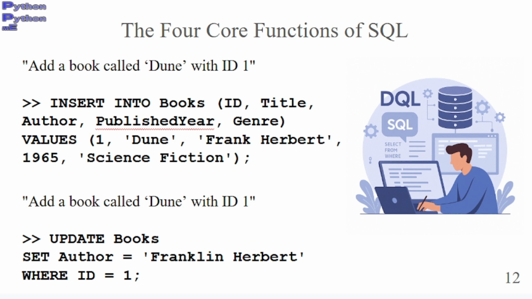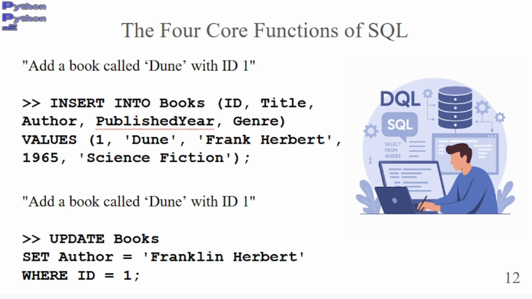Once we have identified the requirements, we will write something like insert into books. Whenever you specify the attributes, always remember that the order of the attributes has to be consistent with the schematic structure of the table, beginning with the ID, followed by the title, the author, published year and genre.